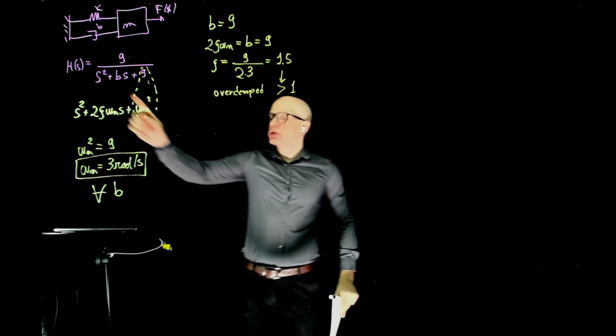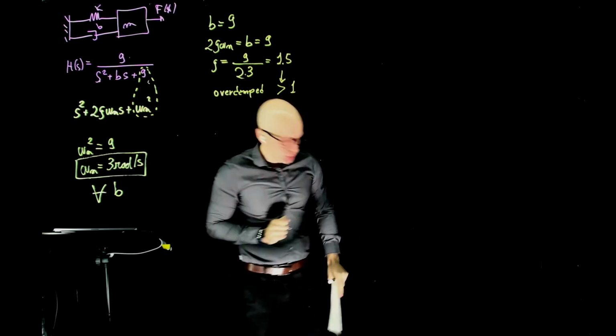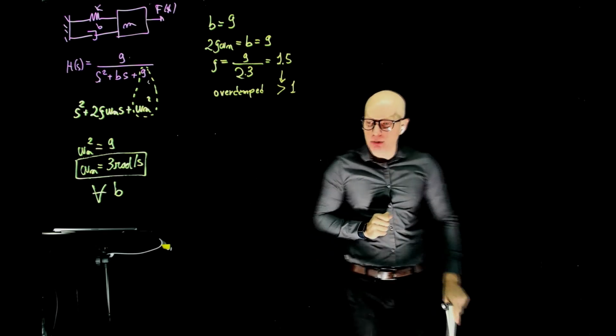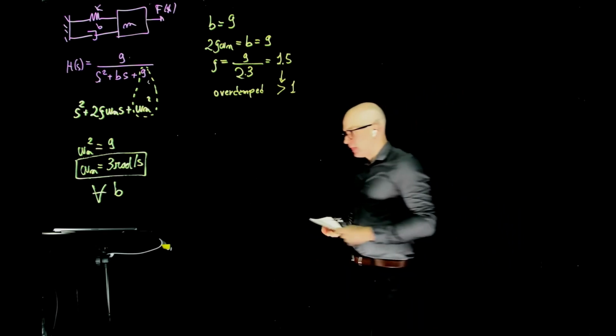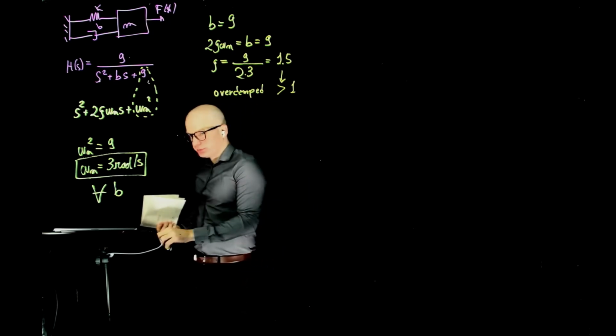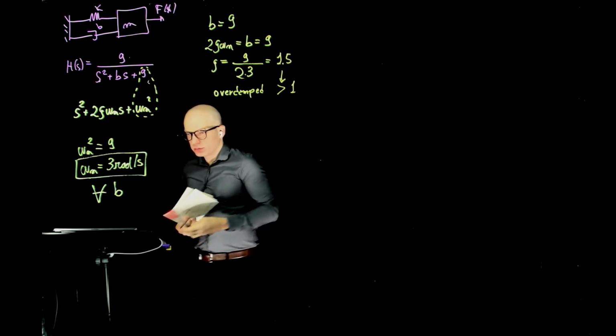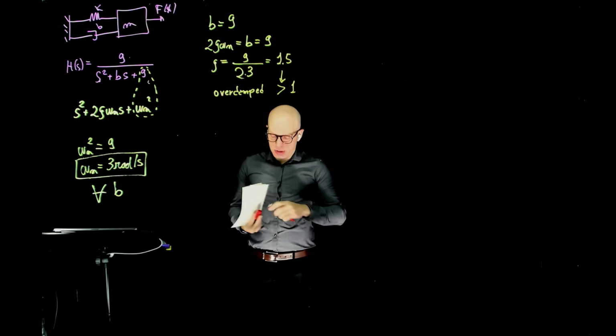What are the roots of this transfer function with b equals 9? Are the roots real, imaginary, or complex conjugate? They're real. They are always real.